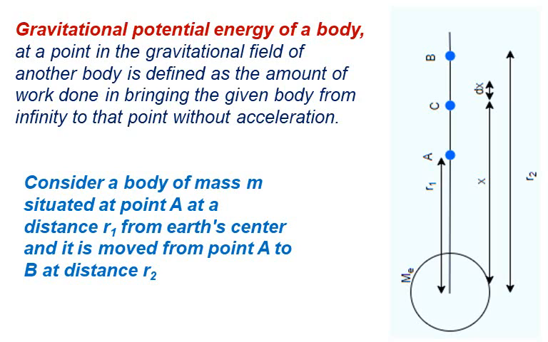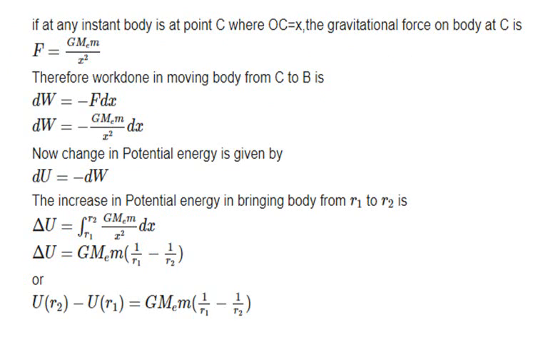For the expression of this one, consider a body of mass m situated at point A at a distance r1 from Earth's center, and it is moved from point A to B at distance r2 as shown in the diagram.